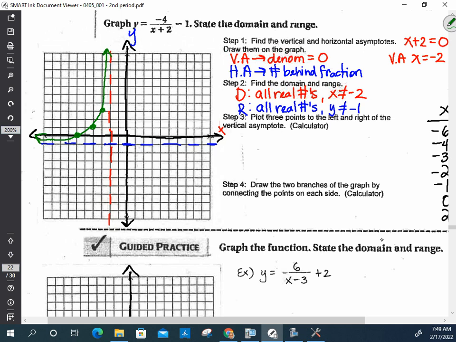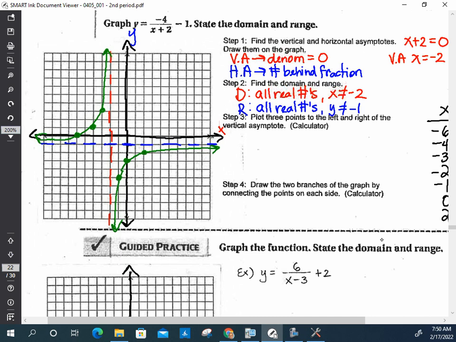Then on the other side, -1, -5; 0, -3; 2, -2. And there's your other curve. So that's it. Problem's over.